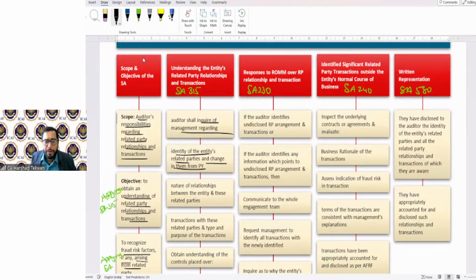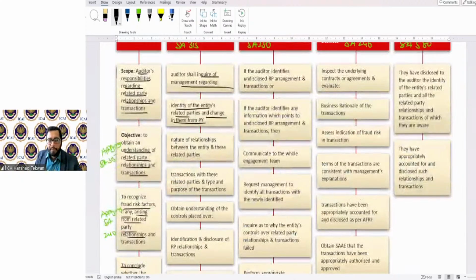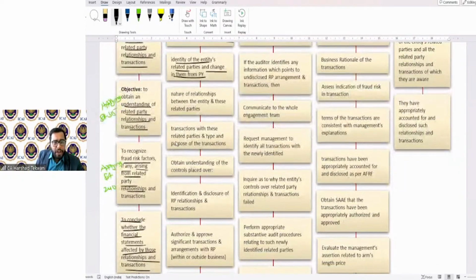Some new related party might have been added because of mergers and acquisitions or incorporation. Some related parties might now have gone out of the related party definition because we lost control, we divested, or that entity was closed or liquidated. Then, the nature of the relationship between the entity and these related parties: associate, joint venture, subsidiary, fully owned subsidiary.